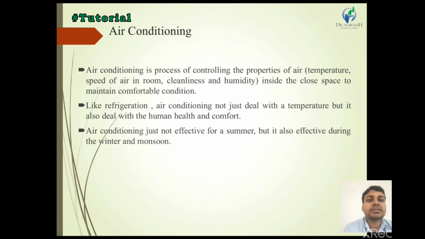An air conditioning system is not just effective in summer, but also during winter and monsoon conditions. We might think air conditioning is not required in those seasons, but we use air conditioning systems in winter and monsoon also.